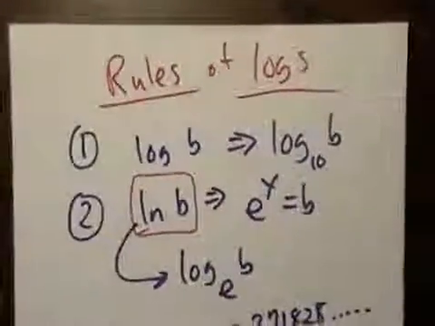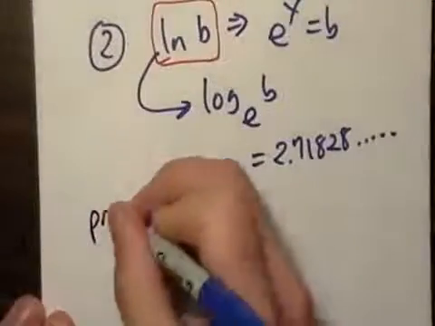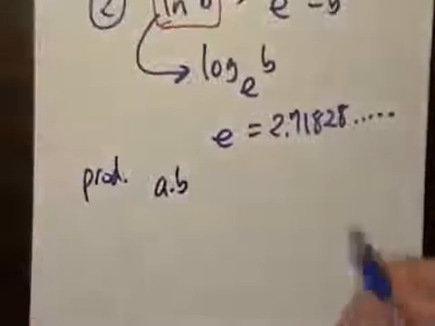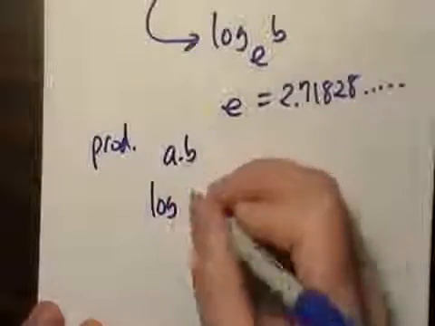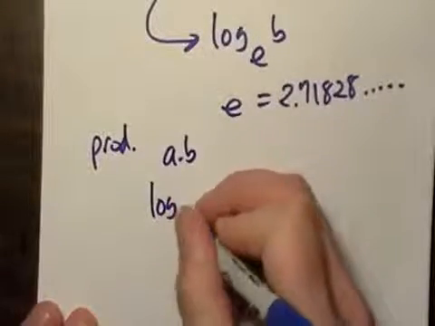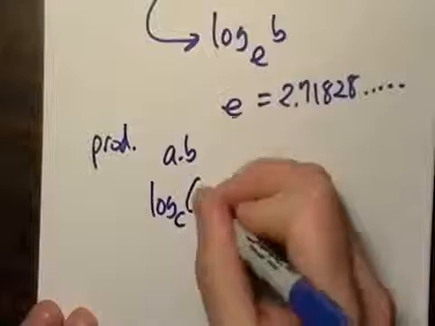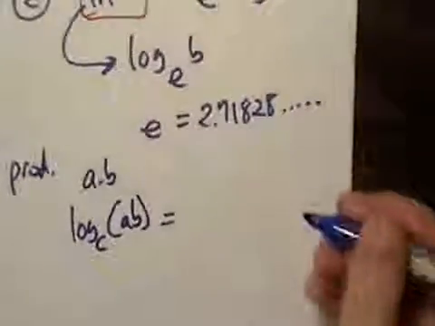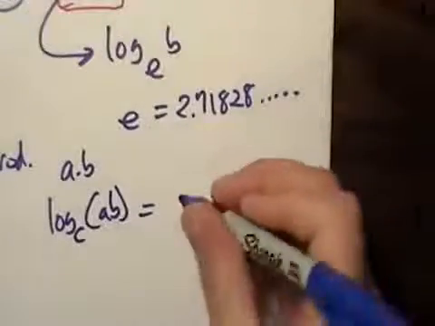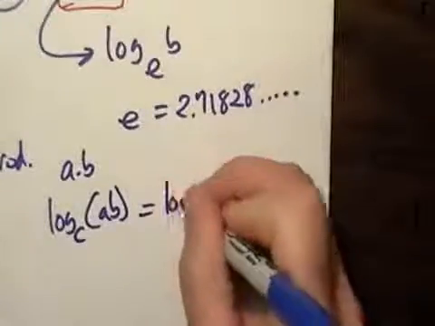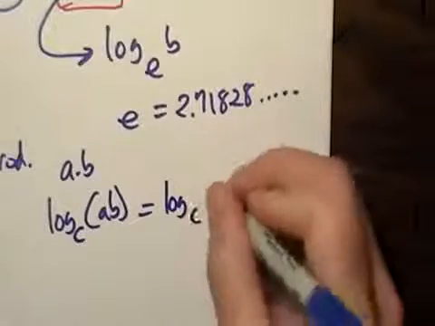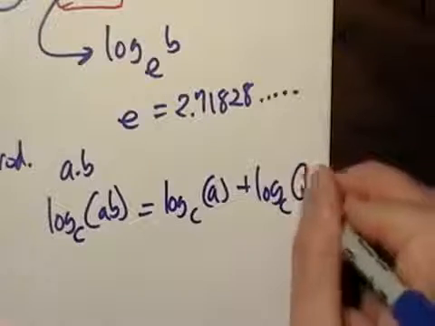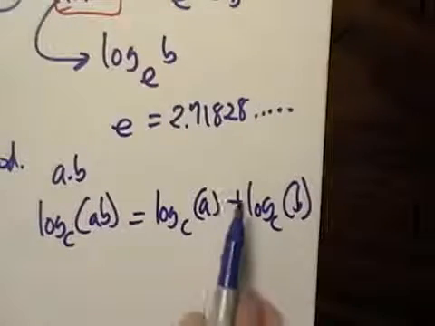Okay. Now, I want to go to a product right here. A product is a times b. So let's say you had the log base c of a times b. Well, you can do a little bit of rewriting, and you can rewrite this as log base c of a plus log base c of b.